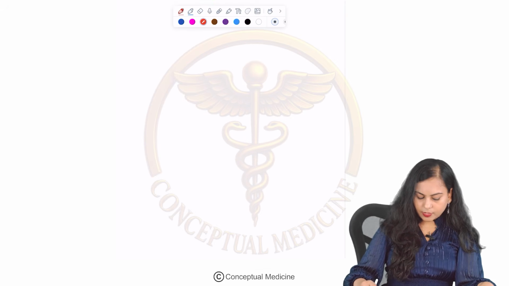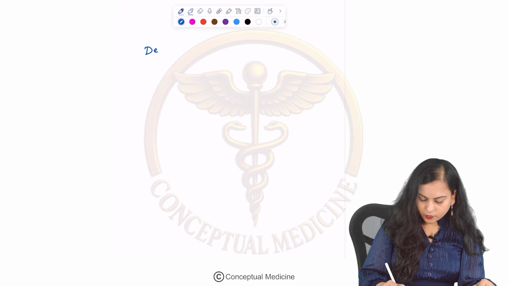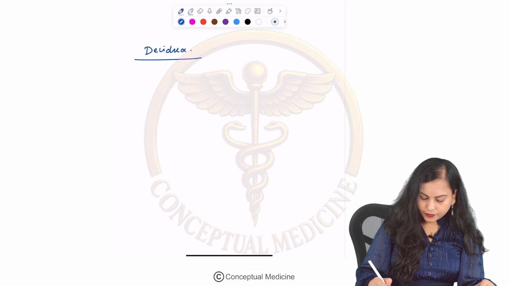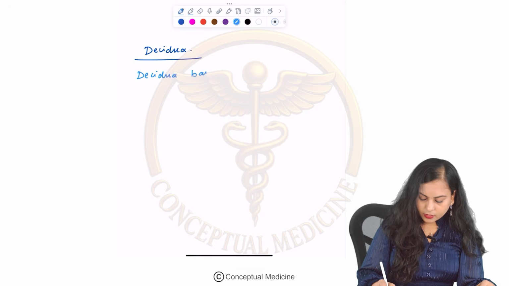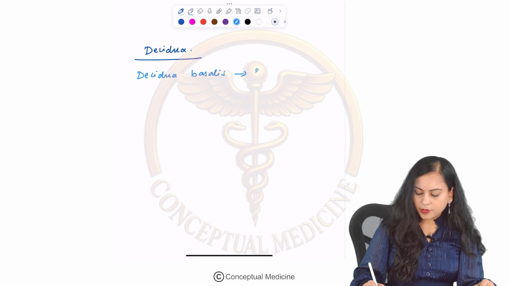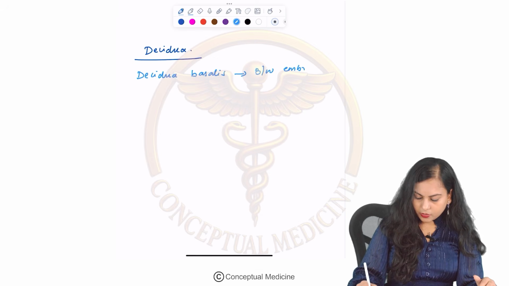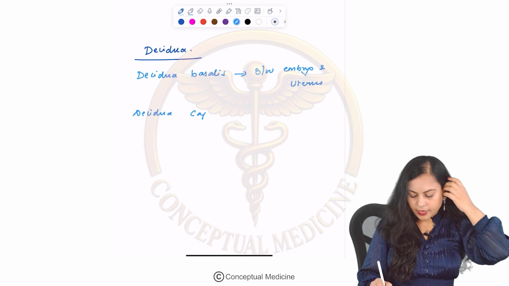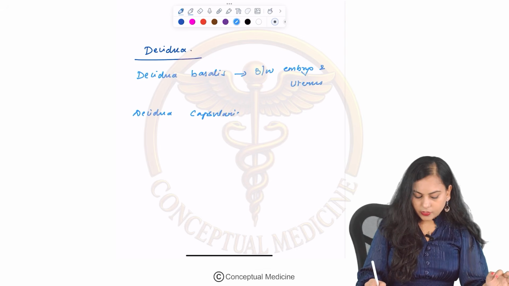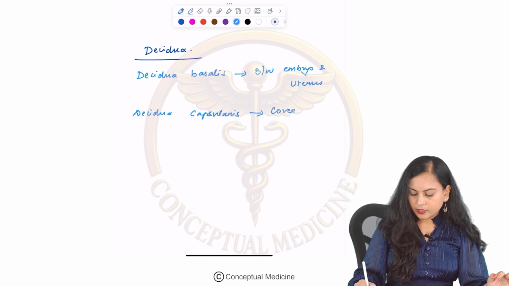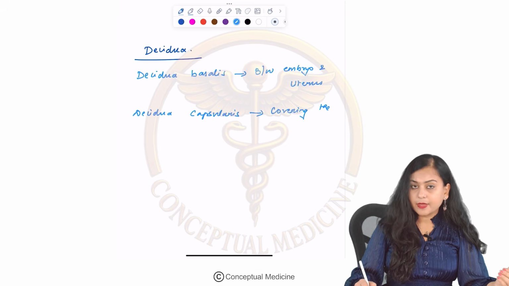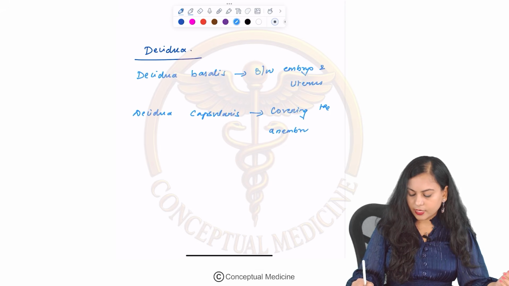Once again, regarding decidua, we have decidua basalis, which is between the embryo and the uterus, and then decidua capsularis, which is covering the abembryonic pole.